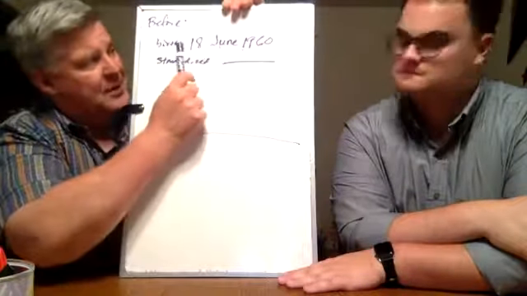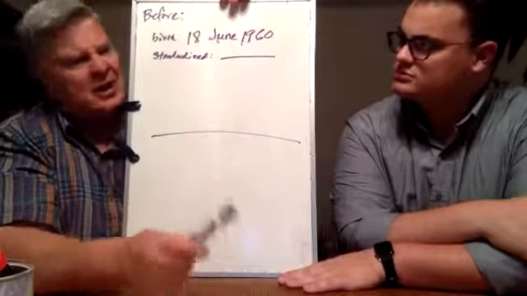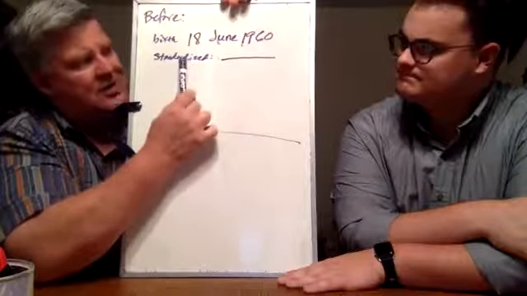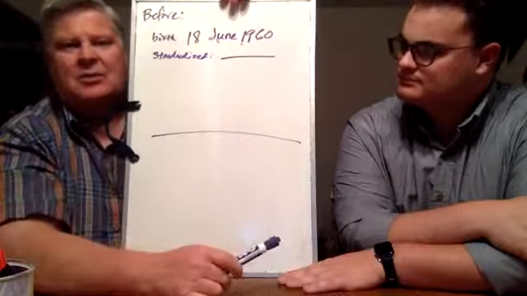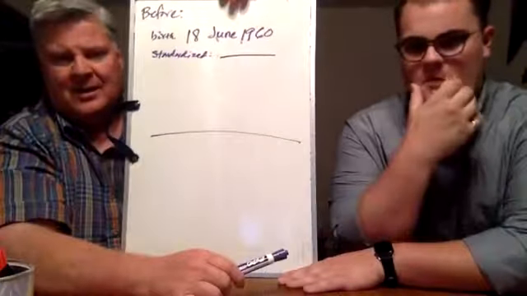This is the one you typed in, 18 June 1960. Looks all nice, standard looking. But we're not talking about this field. We're talking about this standardized field, which is the machine's interpretation of that date.